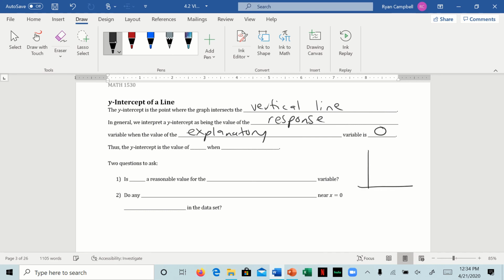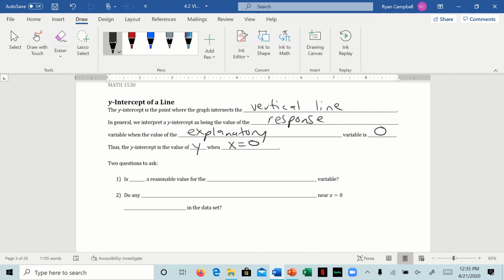Because if it's when it crosses the vertical axis, what do we know about the x value? Well, x is just 0 at all these points, right? So another way to say that is the y-intercept is the value of y when x is 0.